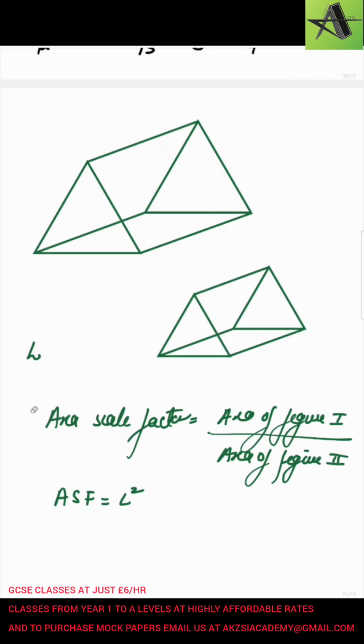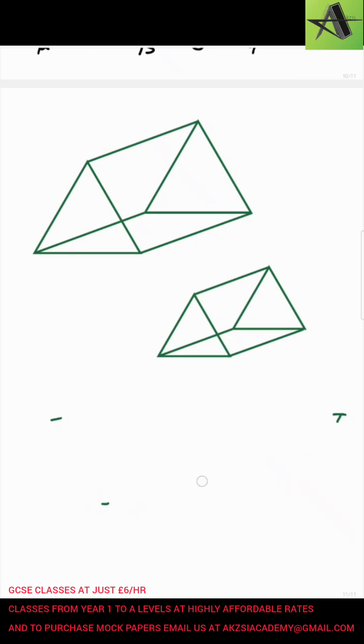Now the next one, the volume scale factor, is exactly the same. Just like the length scale factor is the ratio of lengths, the volume scale factor is the ratio of volumes of the figures.